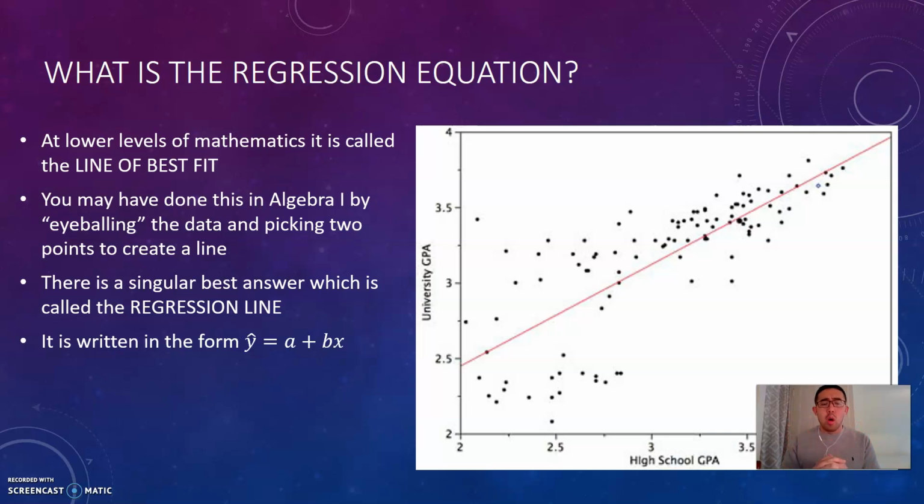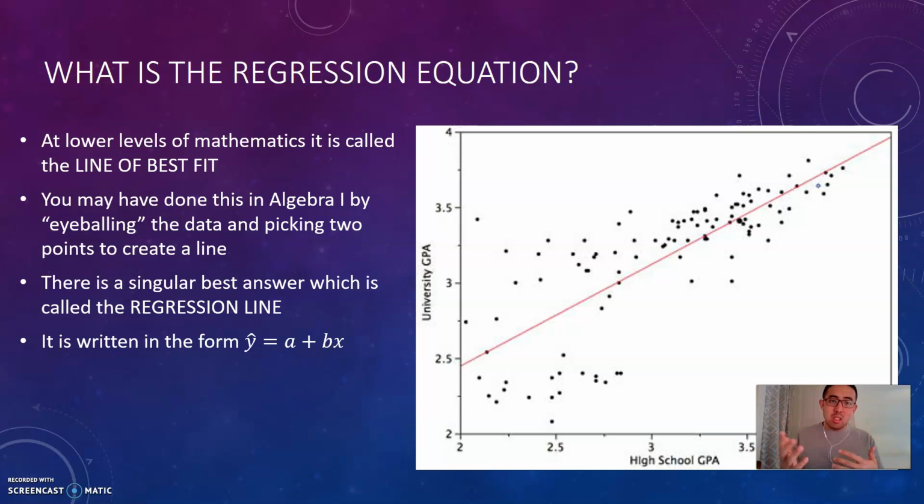It's written in the form y is equal to a plus bx. You may be like, hey, wait, Mr. Shu, isn't that y equals mx plus b? Yes, it is. But you are old enough now, wise enough now to know that there are many different notations within mathematics. You might ask, why can't we all just use y equals mx plus b? It shouldn't matter what variable we use.